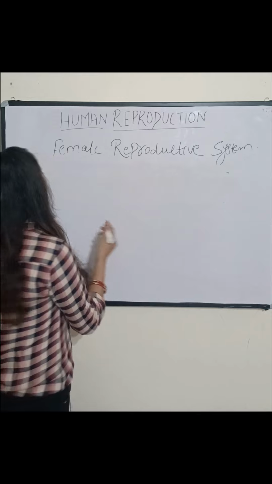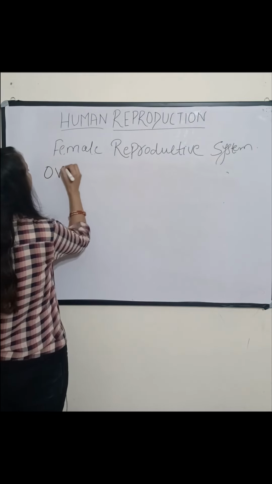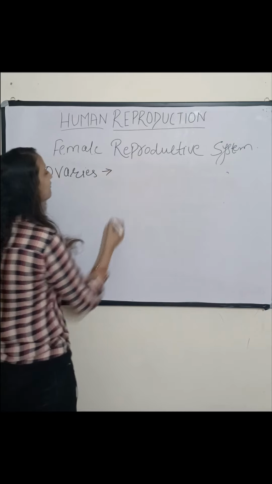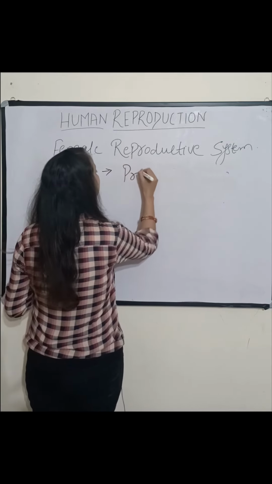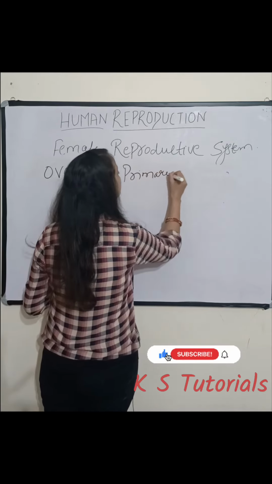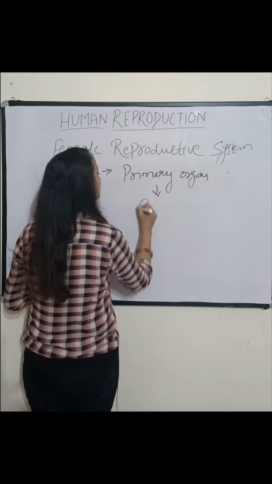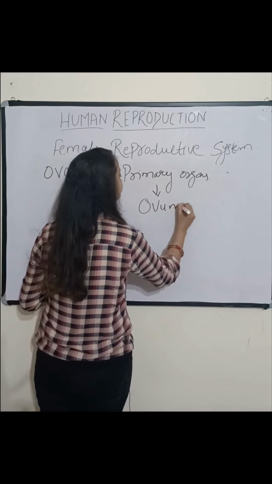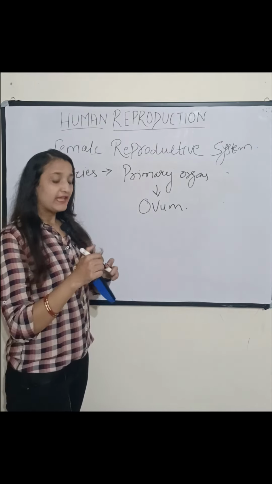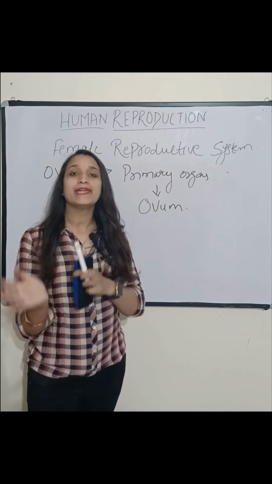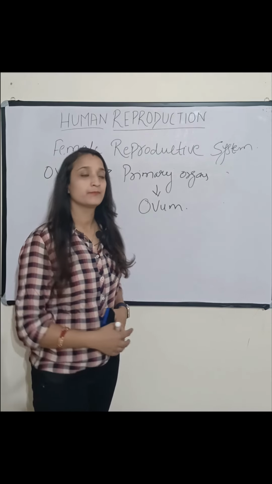Now I am going to tell you about the pair of ovaries. Ovaries are the primary sex organs that produce the female gamete, that is the ovum. Each ovary is located one on each side of the lower abdomen.